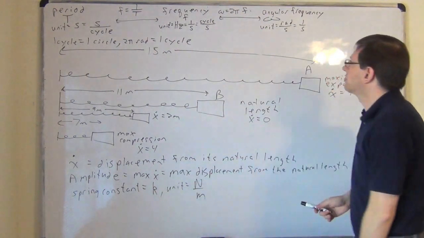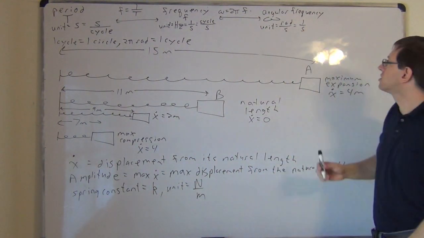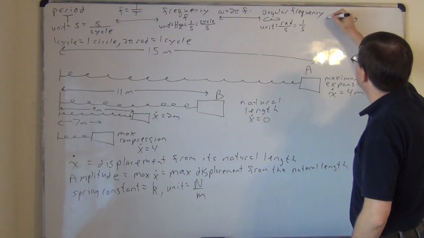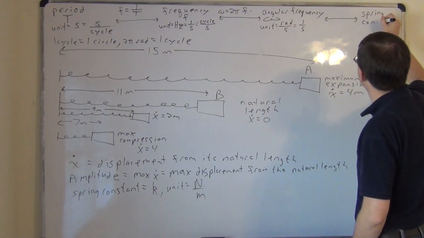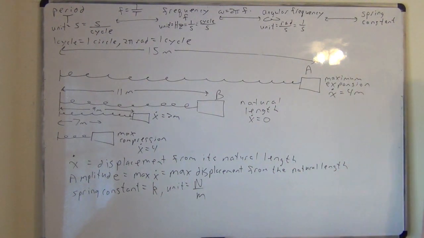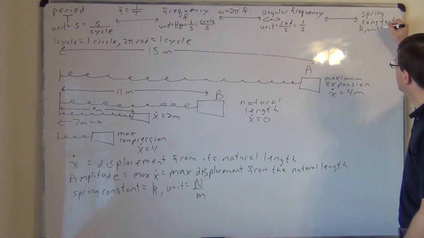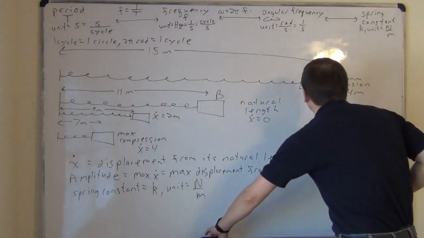How can you figure out what the angular frequency is from information about the spring? It turns out that this concept links up with our friend the spring constant. What's the symbol for the spring constant? K, little k. What are the SI units? Newtons per meter. That's right.